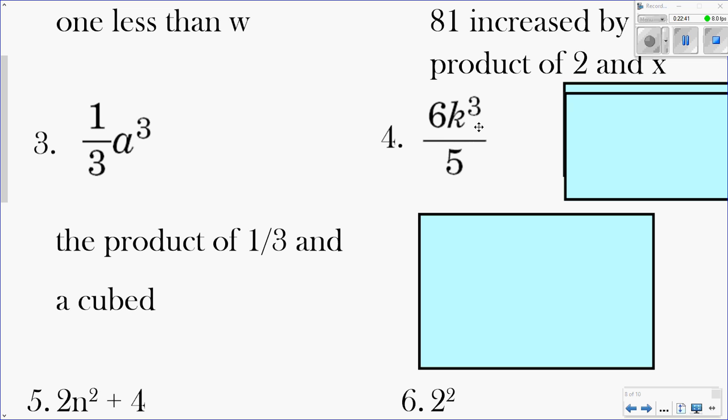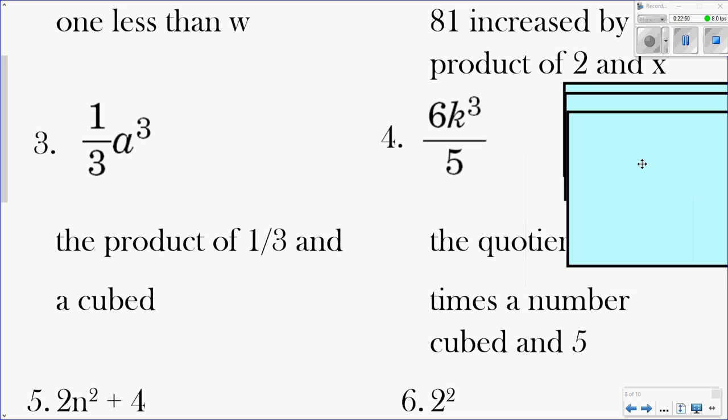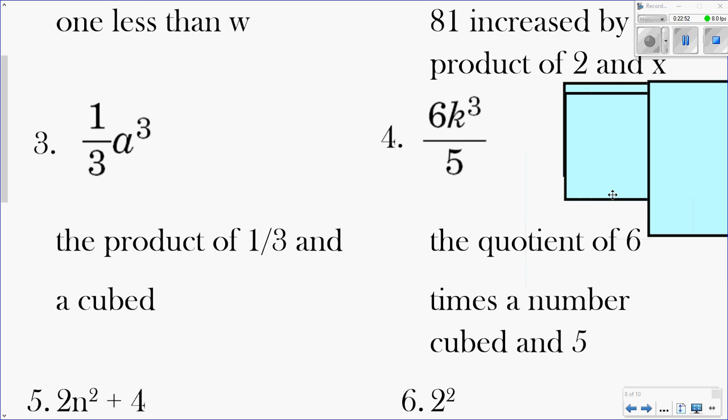We have this term, but notice that we have the number and the variable, so they're being multiplied to each other, and then being divided by 5. So we would write the quotient of 6 times a number cubed and 5. So this is one number, 6 times a number cubed. You don't know what that number is, so you can say a number, and 5.